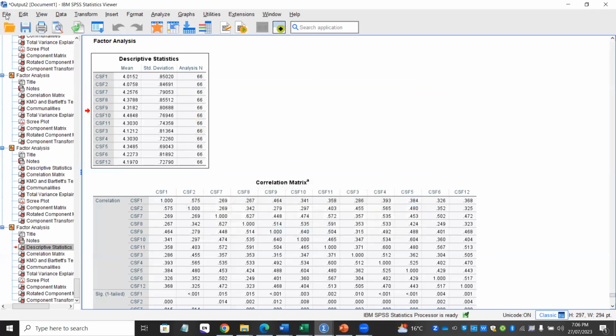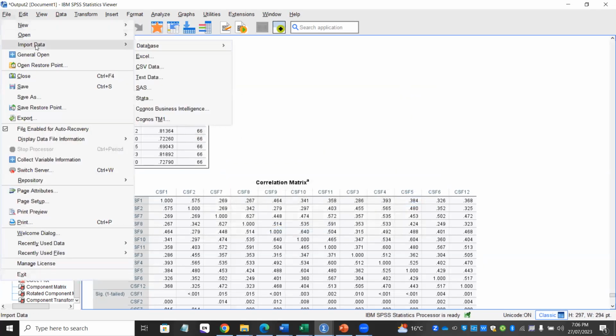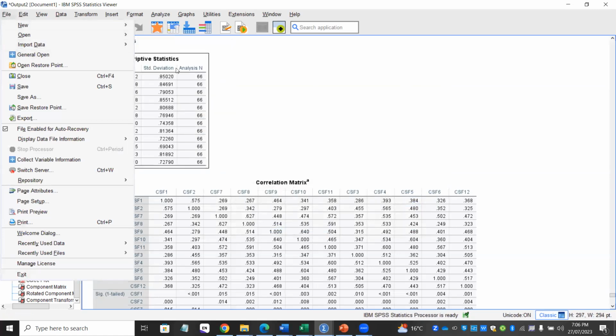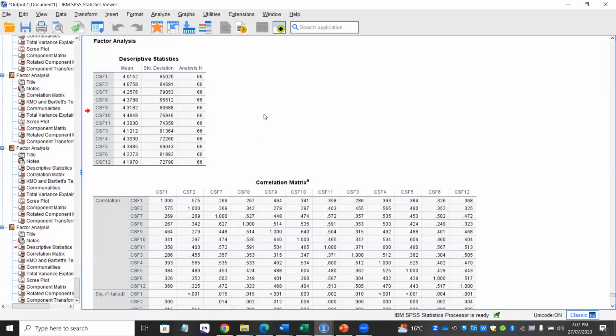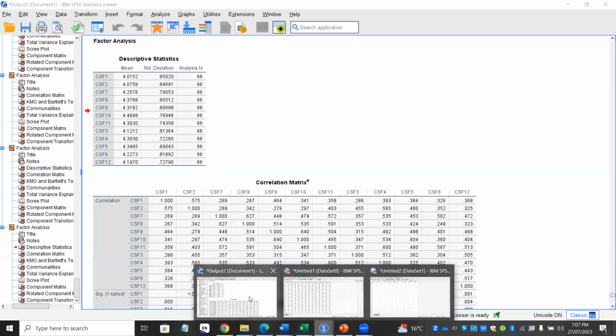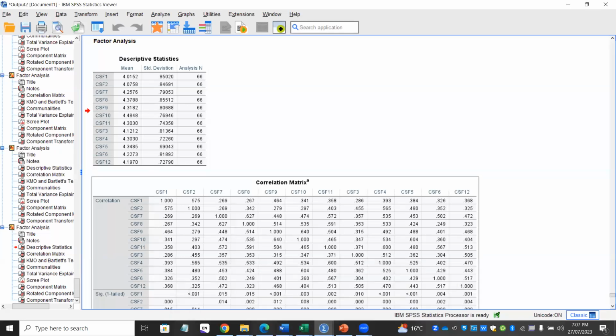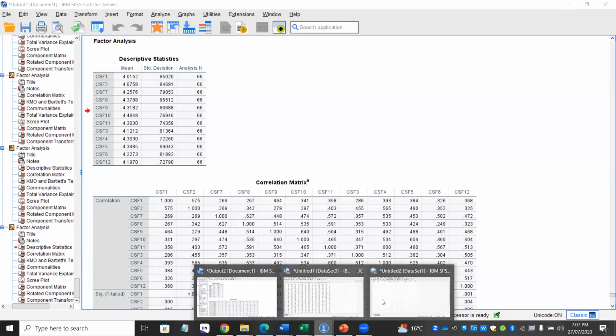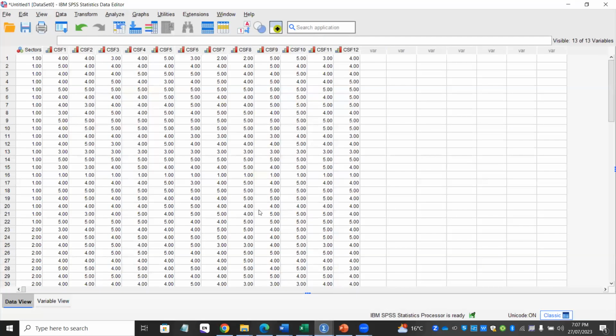You come to File, you click on Import Data, and then you click on Excel. Then you open the box, then you just pick the data set. But I've already entered them manually, straight into the SPSS, so there's no need for us to do it again.